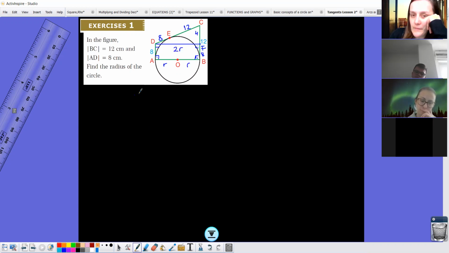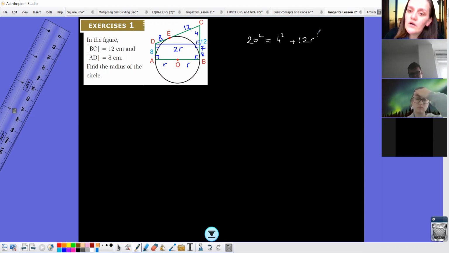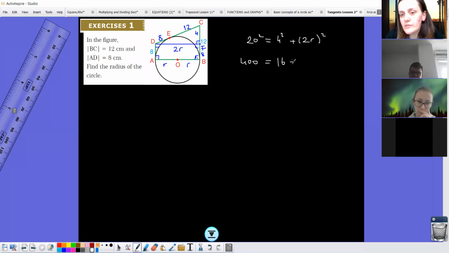Yes, 2R. This one is 90 degrees, and we have another right triangle here. So 20 squared is equal to 4 squared plus 2R squared. So 400 is equal to 16 plus 4R squared. Am I right? Yes.